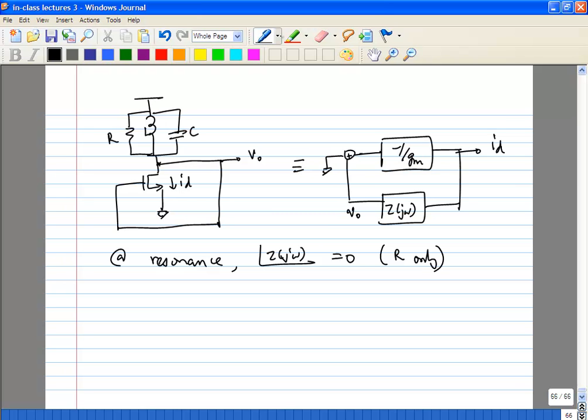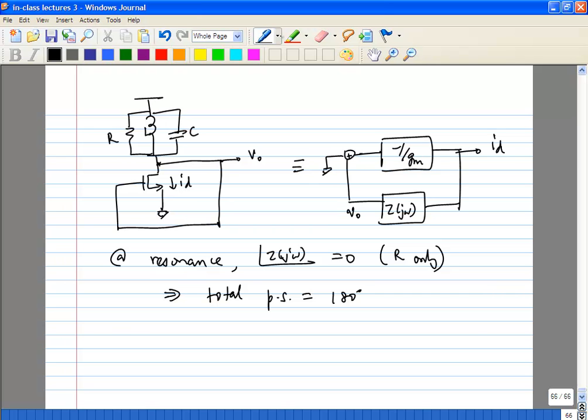So your total phase shift is only 180 degrees, which comes from the DC feedback of this stage. Correct? So this definitely will not oscillate, by the way.